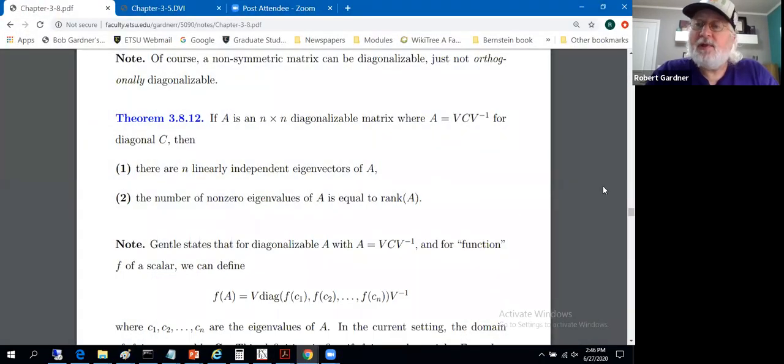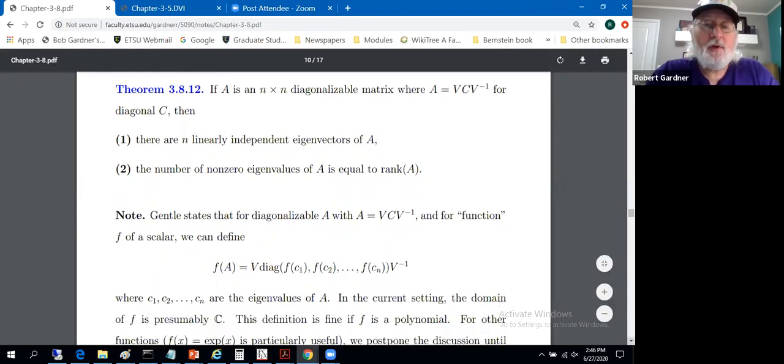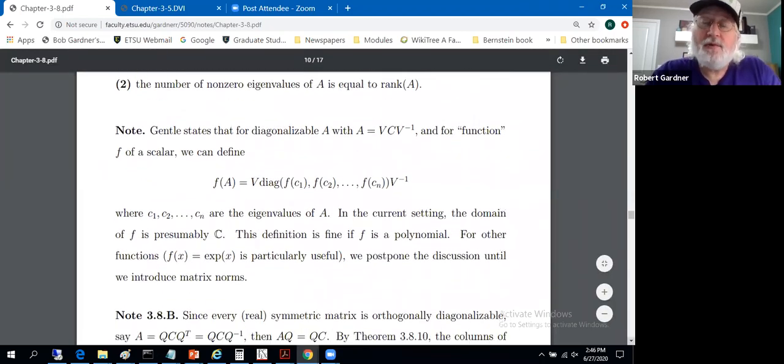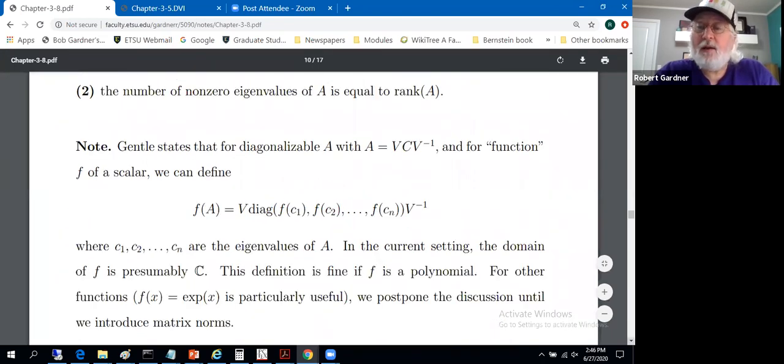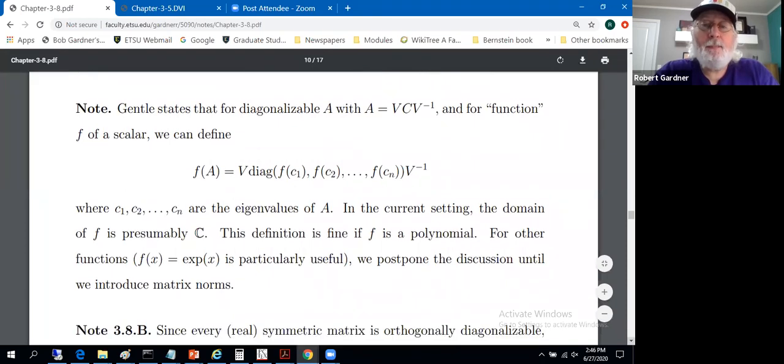And let's step aside from this proof stuff for a little while and go through some more conversational stuff. The text states that for a diagonalizable matrix A, say A equals VCV inverse, C being a diagonal matrix, and for a function f of a scalar, we can define the following. All right, I've got a bit of an argument with this. If we'll stick with polynomials, I'm good.